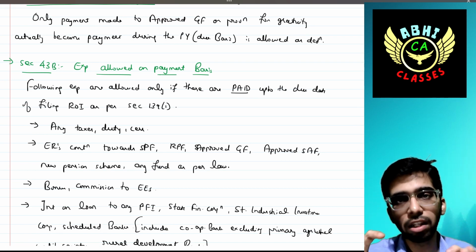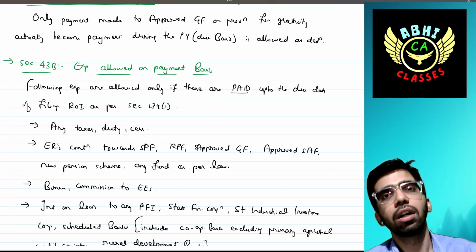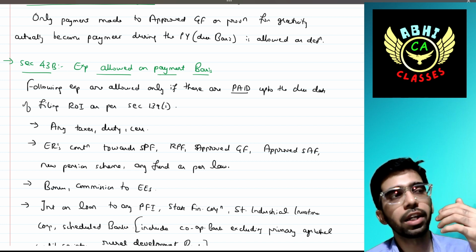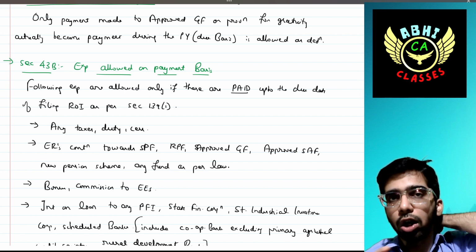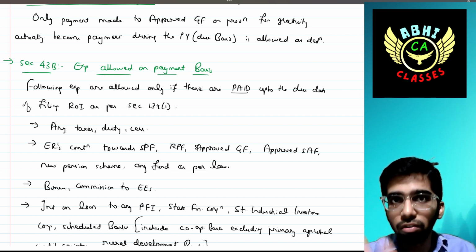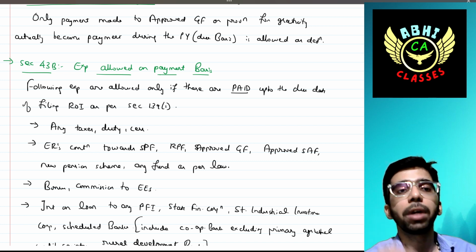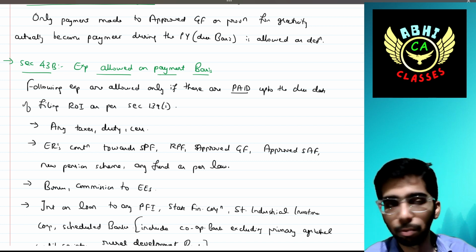If you have seen our part 4, for example, if you are paying interest on loan to a bank or financial institution, then that would be allowed to the extent of section 43B. We have seen this, correct? And then we are going to completely cover this in this chapter, in this portion.